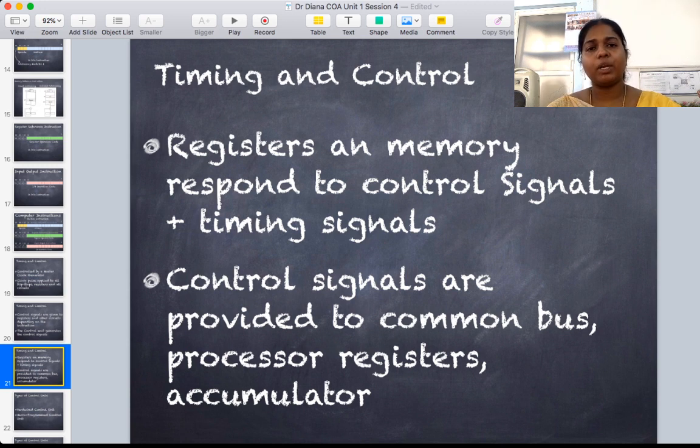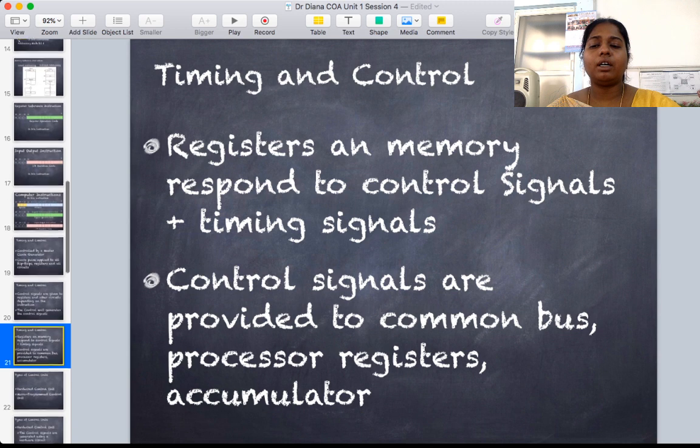The accumulator register should receive the control signal and the timing signal. Depending on when the control signal is issued, accordingly, following that particular timing signal, the register will respond or the memory device will respond. So I need to identify at what point of the timing signal I have to issue the respective control signal.